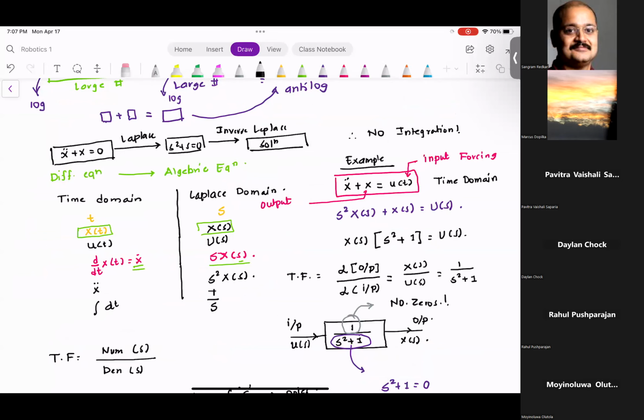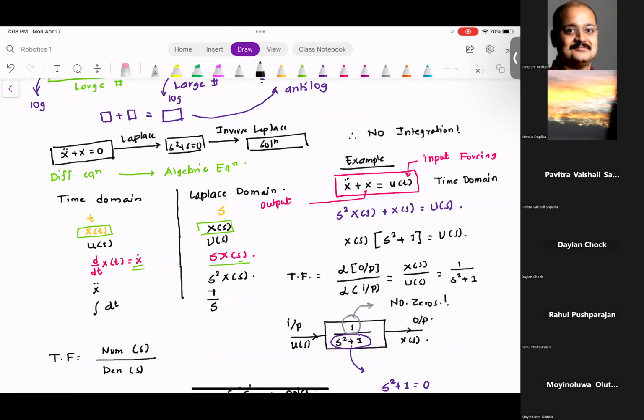In time domain, the independent variable is t. In Laplace domain, the independent variable is s. In time domain, the dependent variable is x of t. In the Laplace domain, the dependent variable is x of s. Input in time domain is u of t. Input in Laplace domain is u of s.